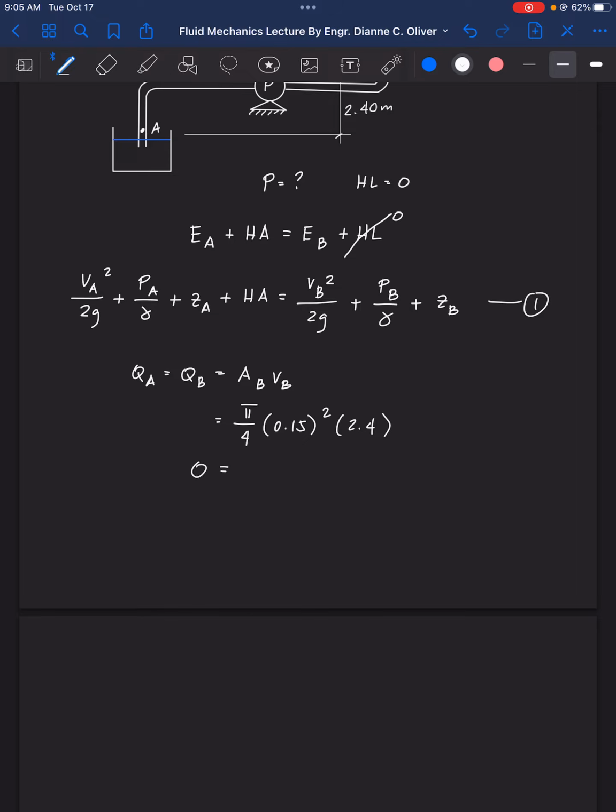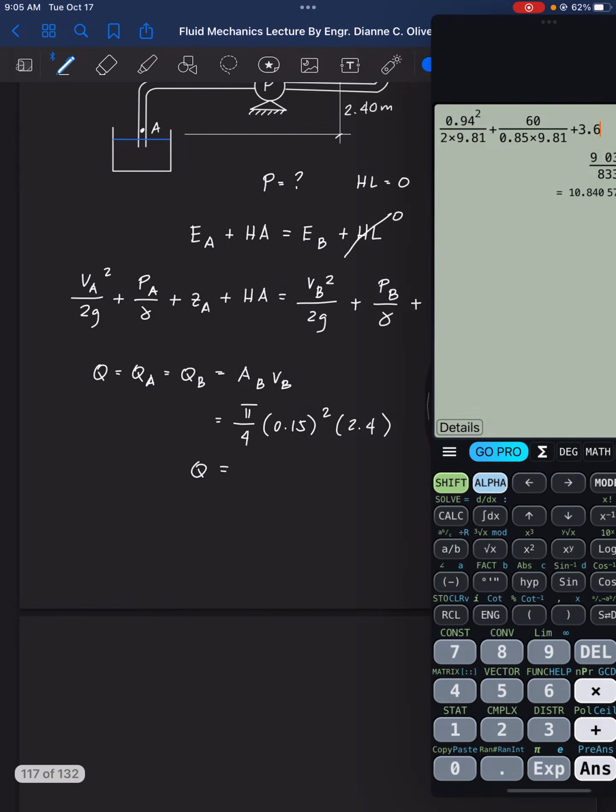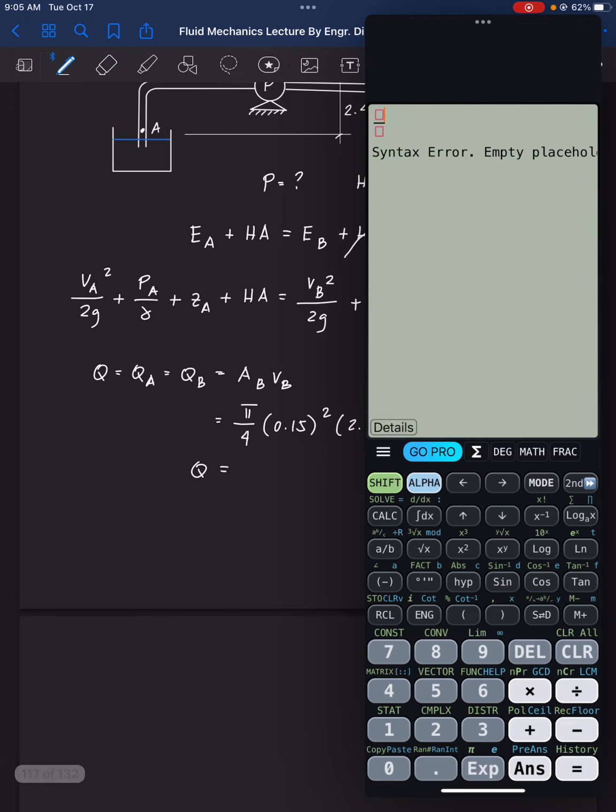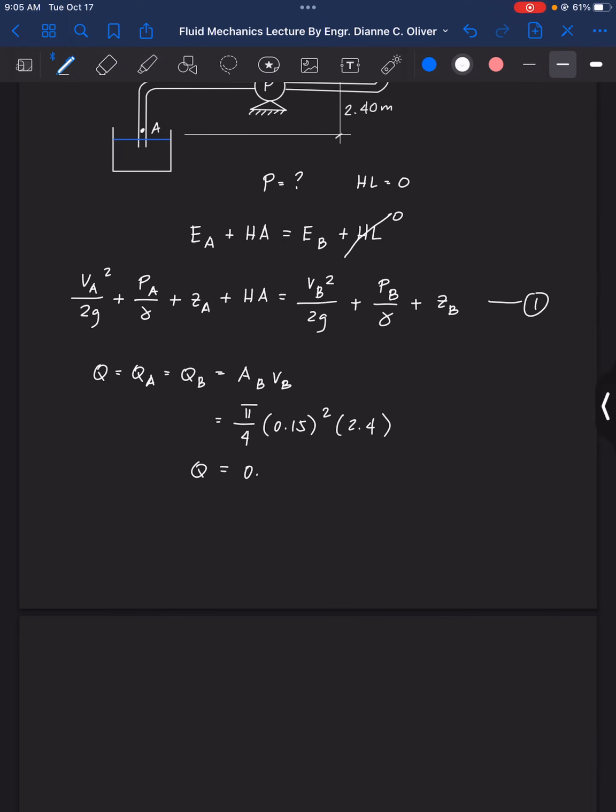So Q is pi over 4 times 0.15 squared times 2.4. So that is 0.042 cubic meters per second.